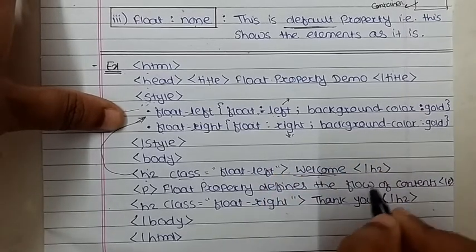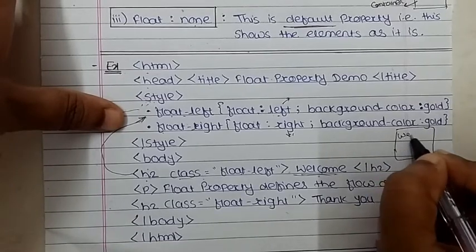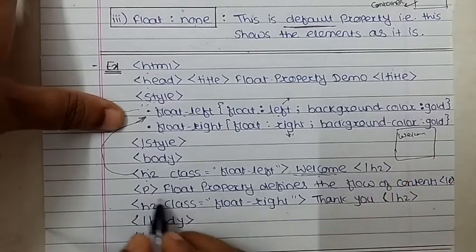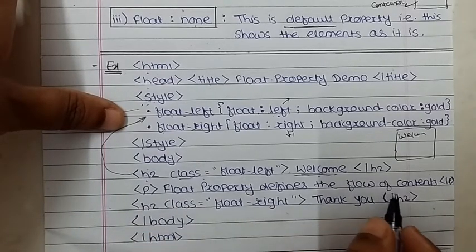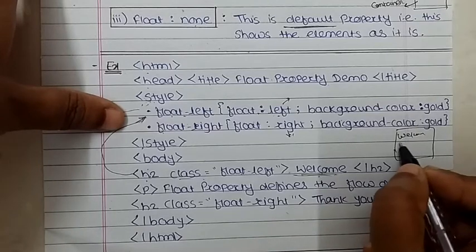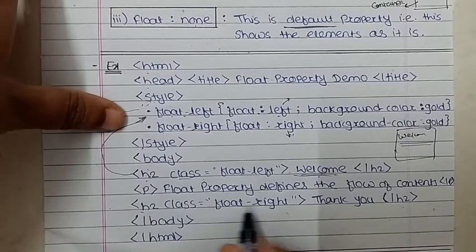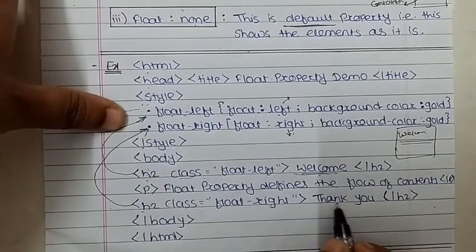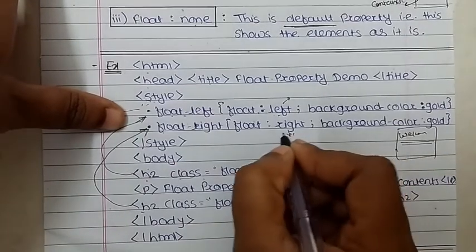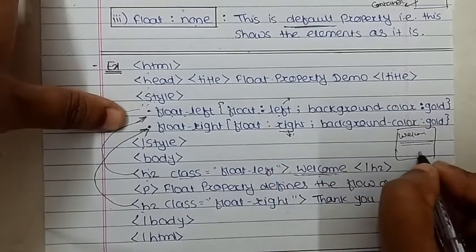That means you have to show the welcome message here like this. Then p, paragraph tag: float property defines the flow of the content. That means you have to print some message here. And then h2 class float right, when this line executes your control goes to this one, and then thank you is printed on the right side because the float property is set as right and background color is gold. So here is thank you.